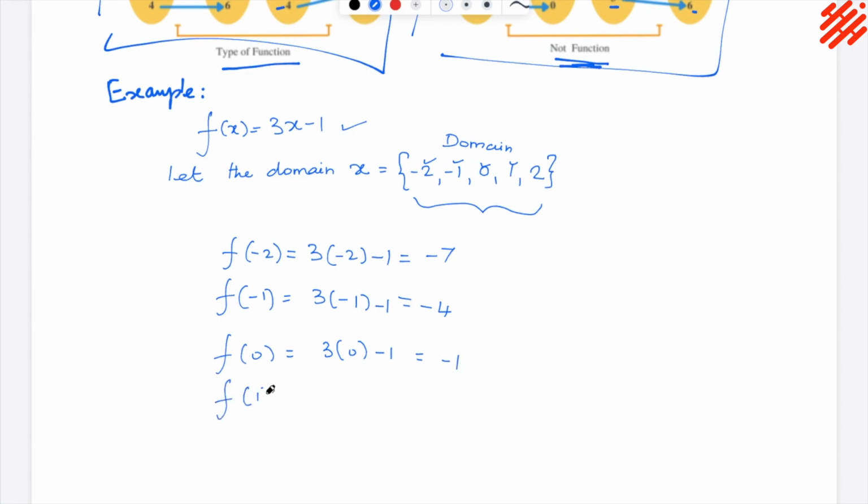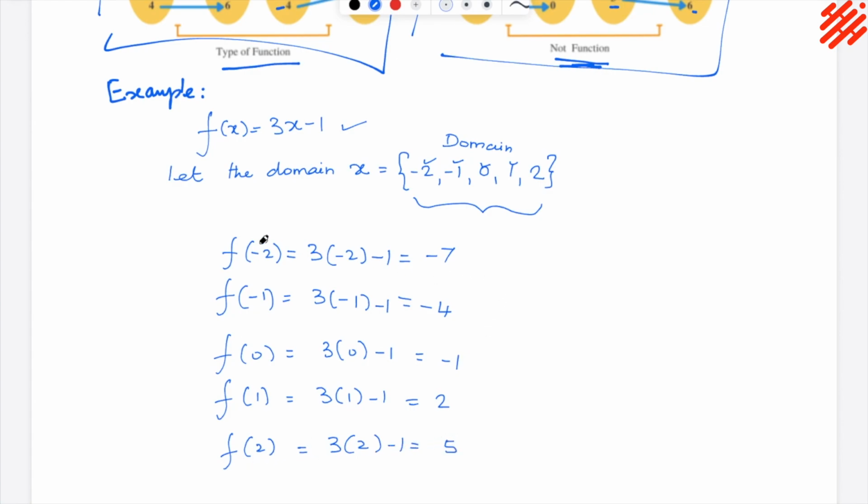F of 1 equals 3 times 1 minus 1 equals 2. F of 2 equals 3 times 2 minus 1 equals 5.